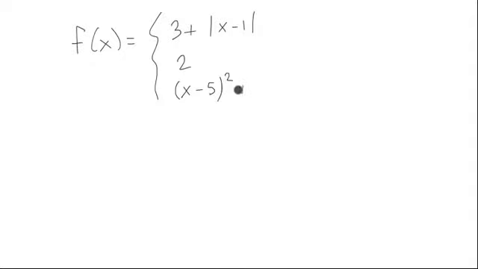Suppose we have f of x is equal to 3 plus the absolute value of x minus 1, and then 2, and then (x minus 5) quantity squared plus 1.